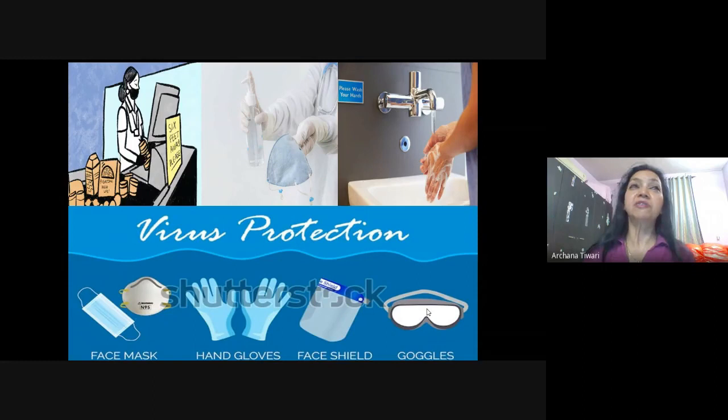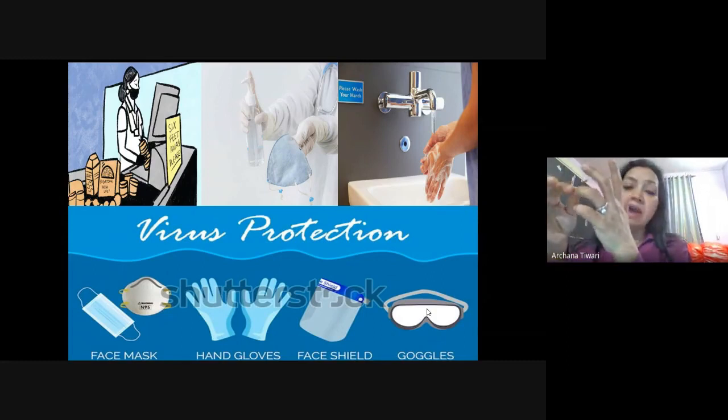As infection is caused through your nasal chamber and through your hands, hands are equally important. So we have to wear the face mask, hand gloves, face shield, and goggles. Then only we are fully protected, otherwise not.